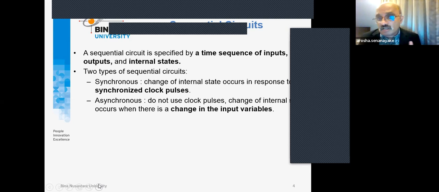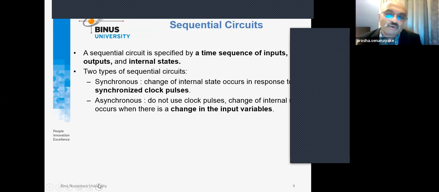There are two different types of sequential circuits: synchronous and asynchronous. Of course, synchronous circuits are quite easy because all circuits are synchronized using clock pulses. That is why it is called synchronous. That means the output of each sequential circuit is subject to the clock pulse received by that particular entity, circuit or unit.